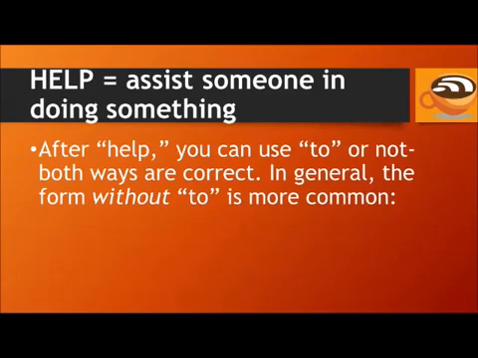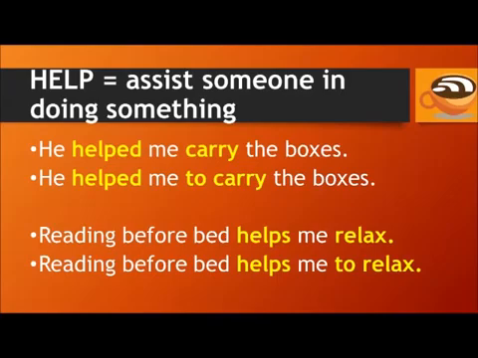In general, the form without to is more common. For example, he helped me carry the boxes, or he helped me to carry the boxes. Reading before bed helps me relax, or reading before bed helps me to relax. Again, both are correct, but the form without the word to is more common in everyday English.